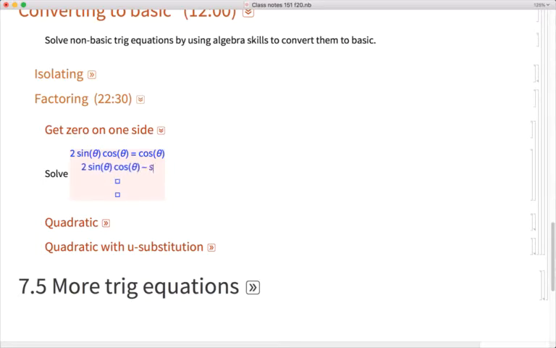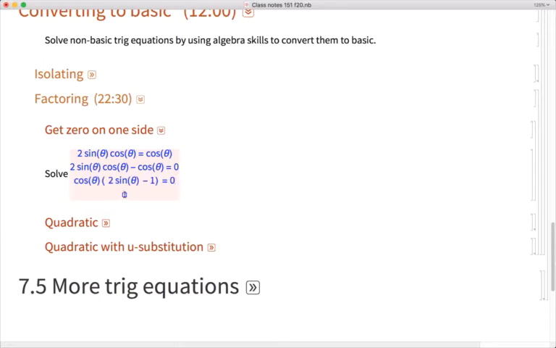All right, so I'll subtract cosine over to the left-hand side. Now on the left-hand side, I've got a difference of 2 things, and I see that cosine theta is in both of them, and that's what allows me to factor. So I'm going to factor out a cosine theta, and that leaves behind a 2 sine theta minus 1.